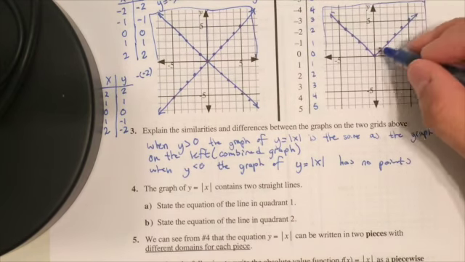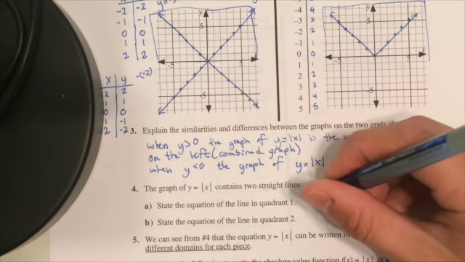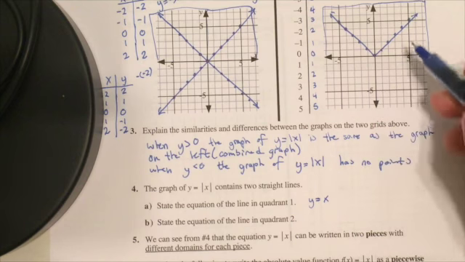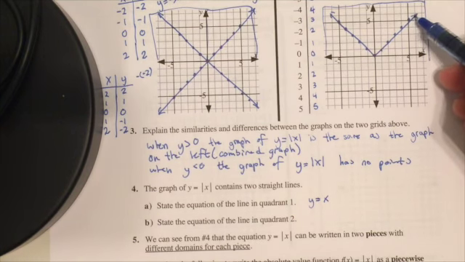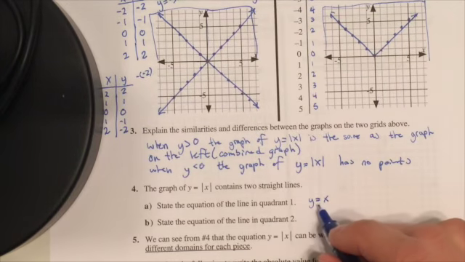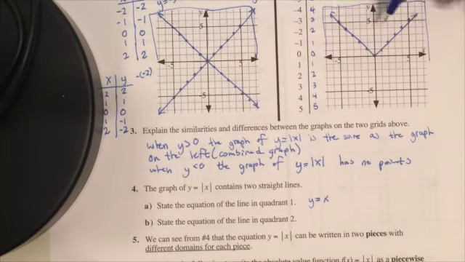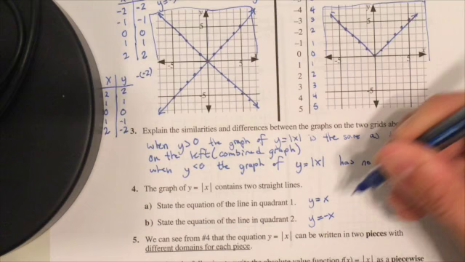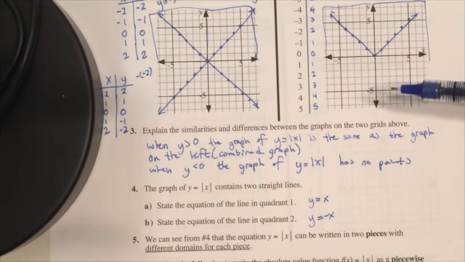And on this graph here, we know that one of the equations is y is equal to x, right? If we compare this side to this side here, we're going to have the equation y equals x. If we compare the other side of the V, it's going to be y is equal to negative x. And that's something we examined earlier on.